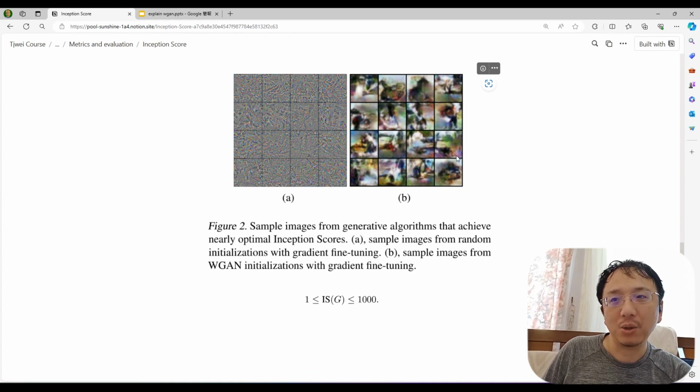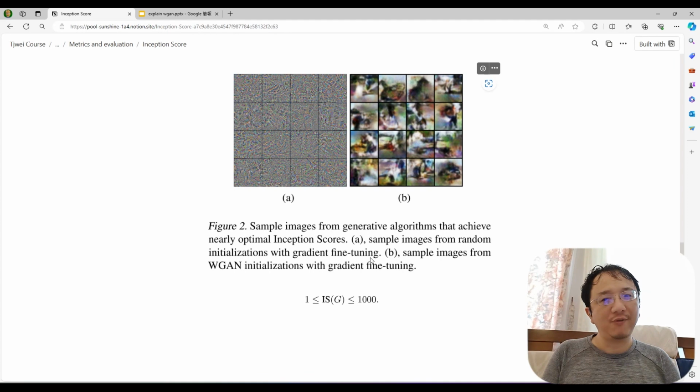The image quality is definitely getting worse, but the inception score is getting better. So that gives us a very important lesson: if we wish this score or metric to be useful, we should not attempt to train our models towards this score.